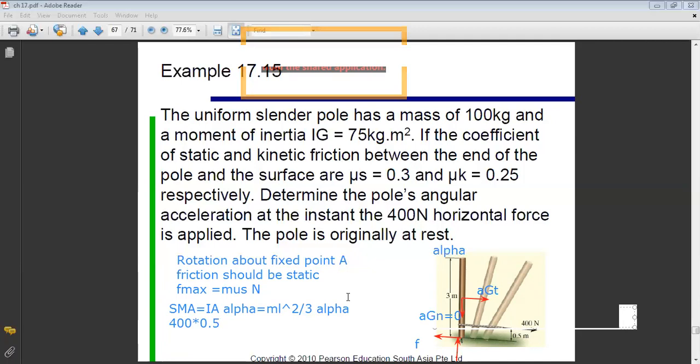What is the second equation I can use? When you have rotation about a fixed point, how can you relate AG tangential and alpha? Before summation of x, when you have rotation about a fixed point, what is AG tangential?